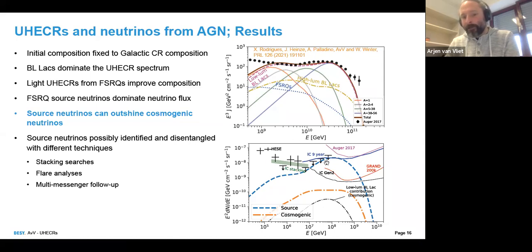So this is really an upper case; you could push it further if you ignore the current neutrino limits, but this is the upper case allowed by the current neutrino limits and cosmic ray measurements. So in a pessimistic attitude, this could even be below the cosmogenic flux. Yes, it could be.